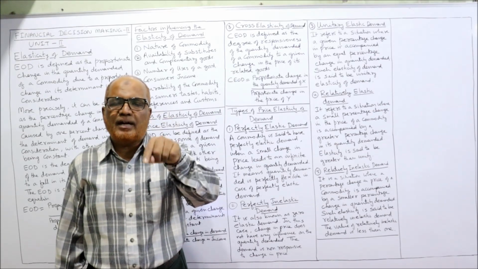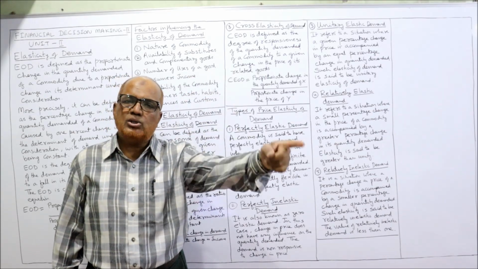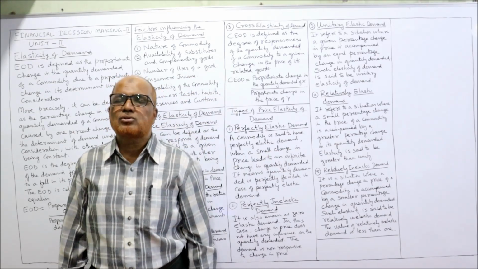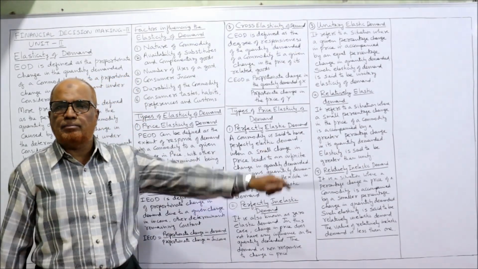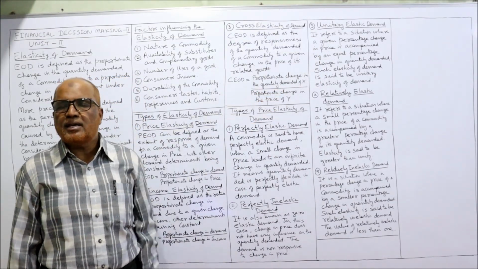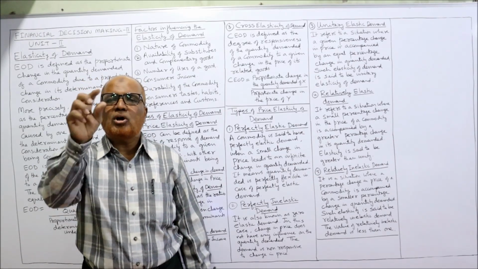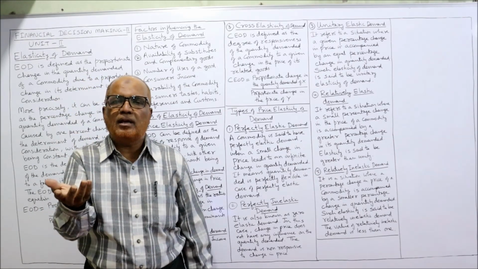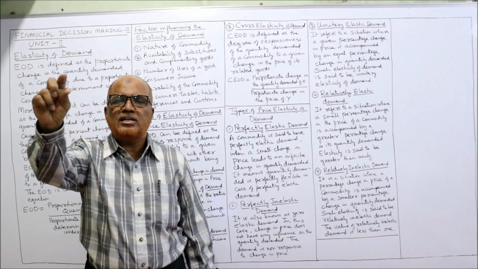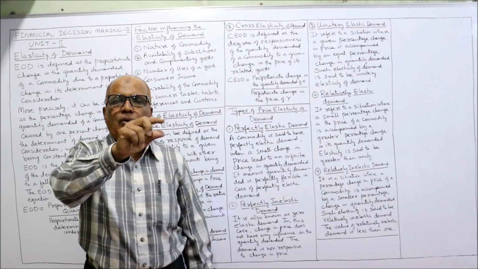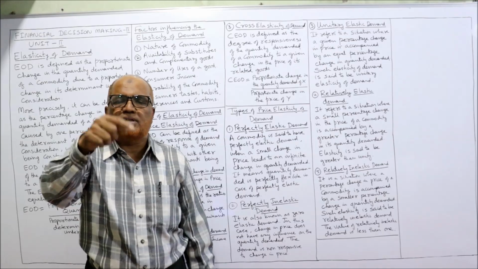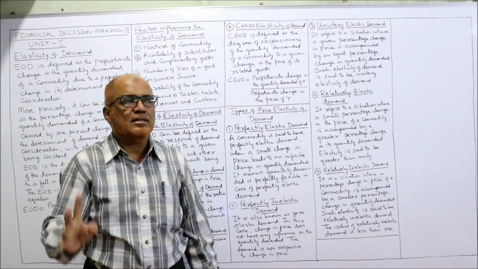If price changed by 10%, demand also changed by 10%. It is called unitary elastic demand, right? In case of unitary elastic demand, the value will be 1, because numerator and denominator are both equal. Proportionate change in demand is 5%, proportionate change in price is 5%. 5 by 5, 1. That's it.